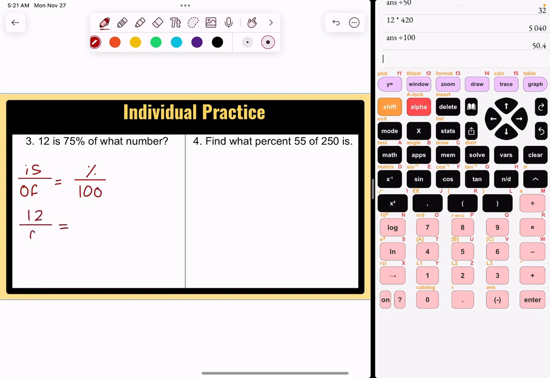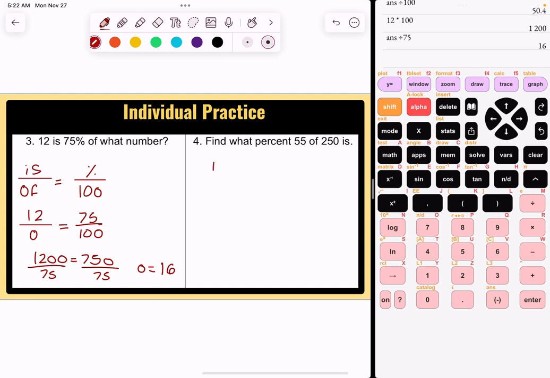We don't know what the of is, so we put O. 75 goes in the percent over 100. 12 times 100 is 1,200 equals 75O. Divide both sides by 75. Of equals 16. So 12 of 16 is 75%.